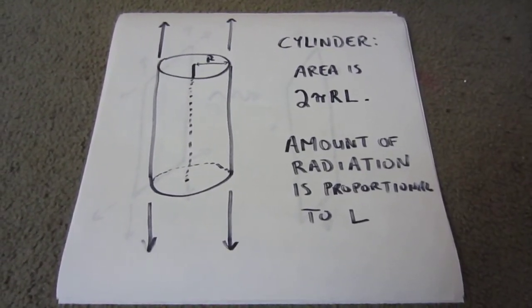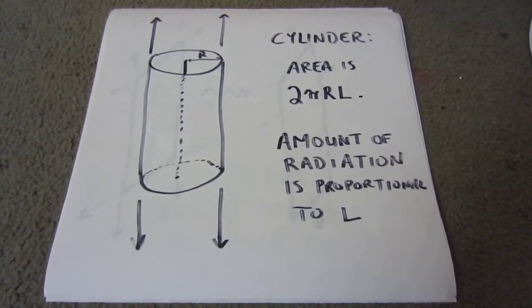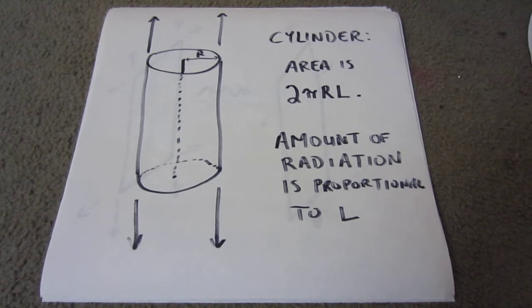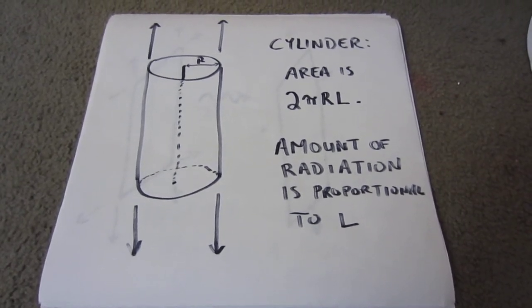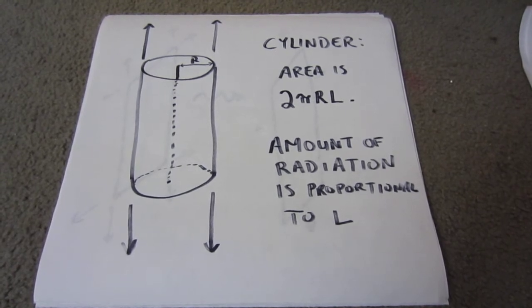Then on to the case where the source is not a point source. The next simplest source is a line going indefinitely in both directions.